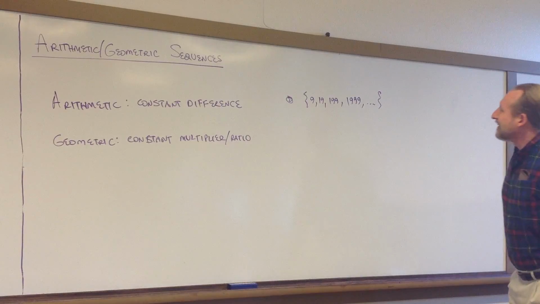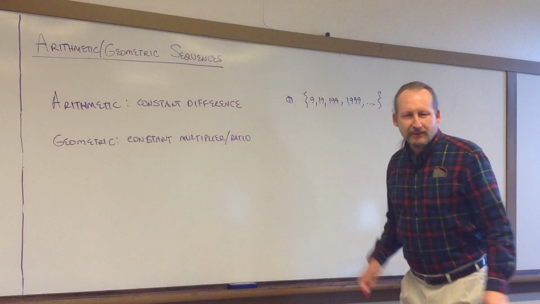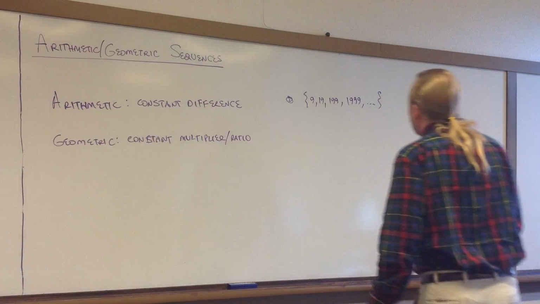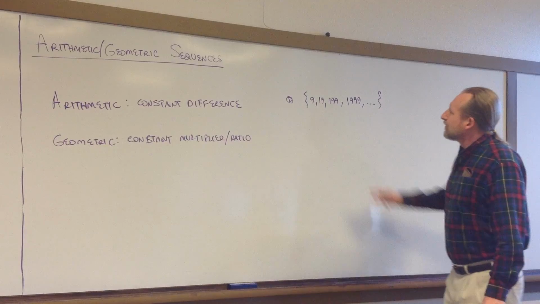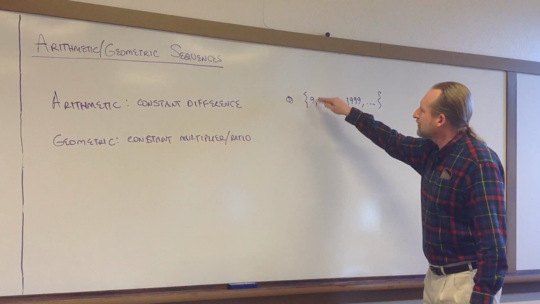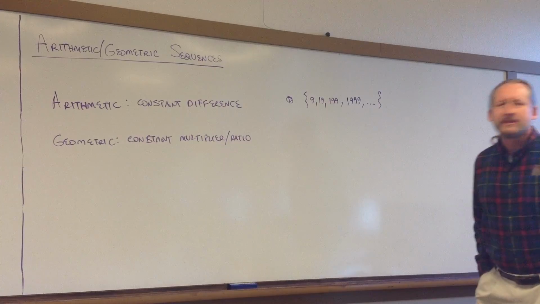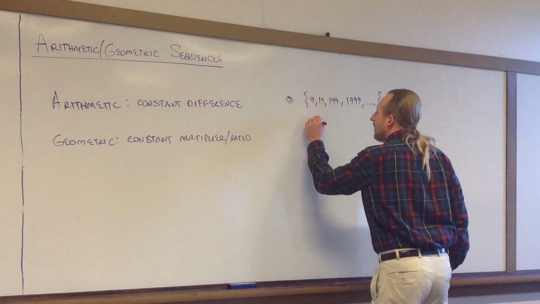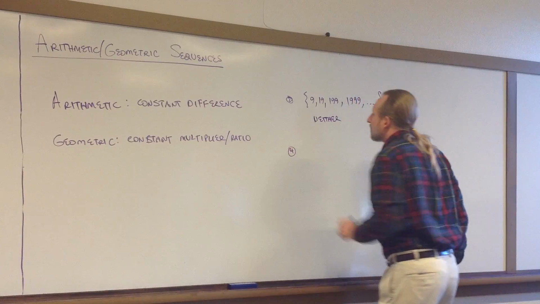Although going from the 9 to the 19 is not as clear what's happening. When you go from here to here and here to here, you're just adding a 9 onto the back, but this one is a little bit different. In any event, there's no constant difference. There's no constant ratio. And so this is neither arithmetic nor geometric.